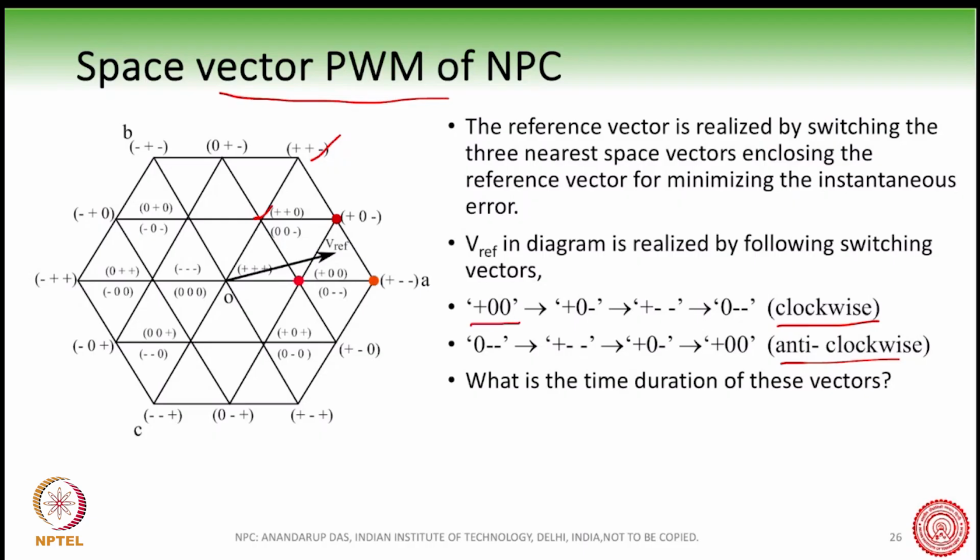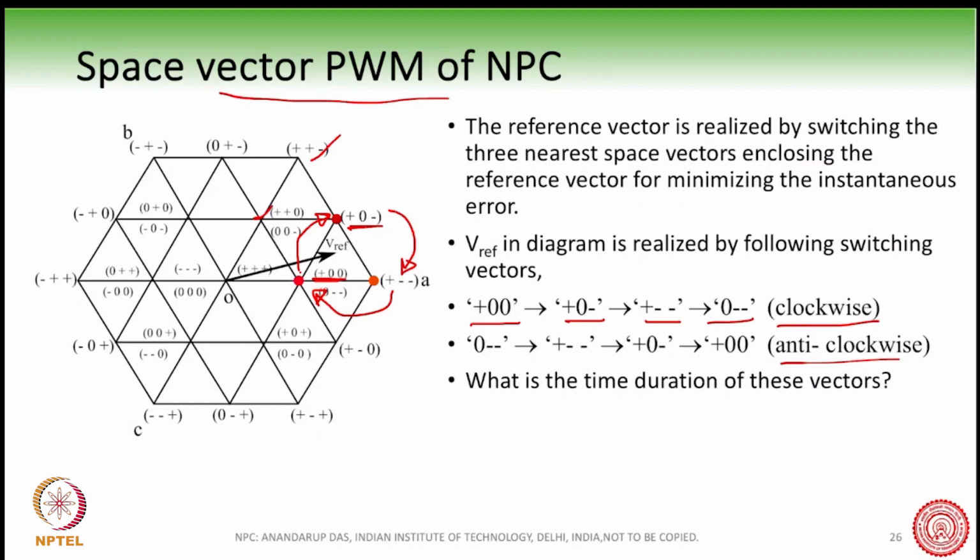You see plus 0 0, okay, plus 0 0 and plus 0 minus. So plus 0 minus. It starts from switching here, goes to here, then plus minus minus, plus minus minus, and 0 minus minus. Okay, this is how it is clockwise switching.